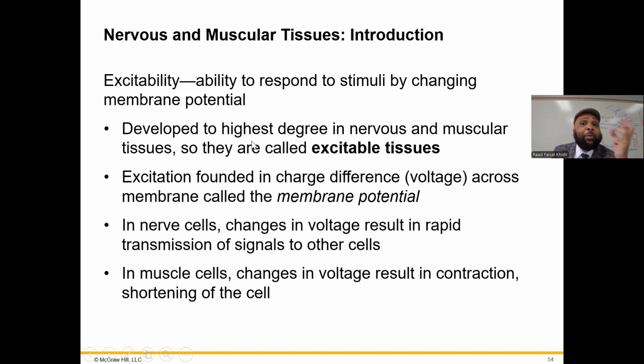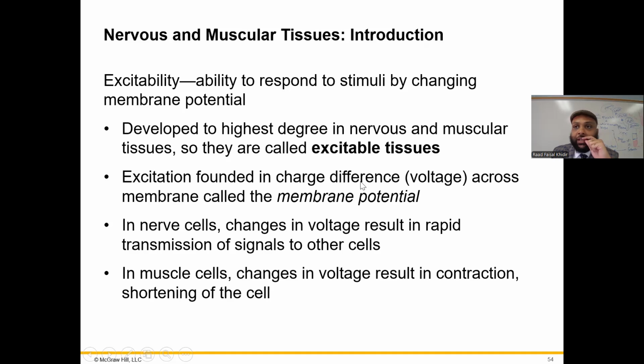So this is the property that defines for us the muscular tissue and the nervous tissue, where there's excitability, and that's being able to respond to an input through an effect, an output known as changing the membrane potential. We change the membrane voltage based on a stimulus that we receive. It is developed to the highest degree in the nervous and muscular tissues so that they are called excitable tissues.